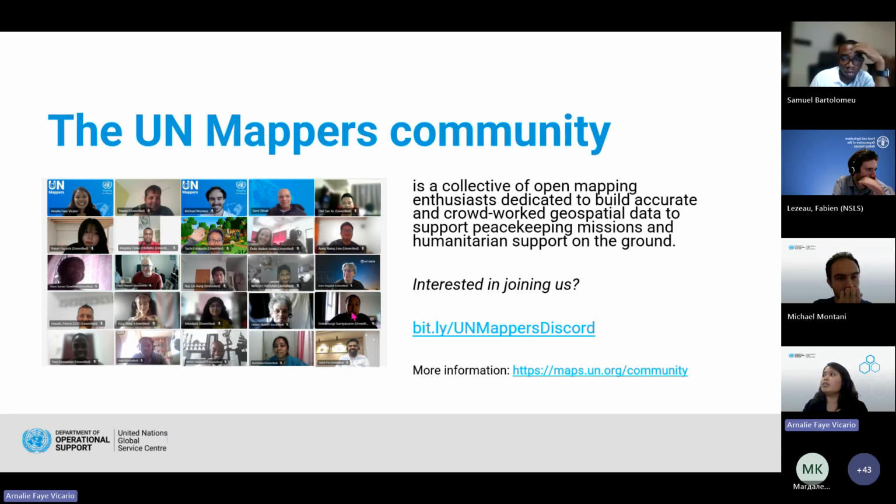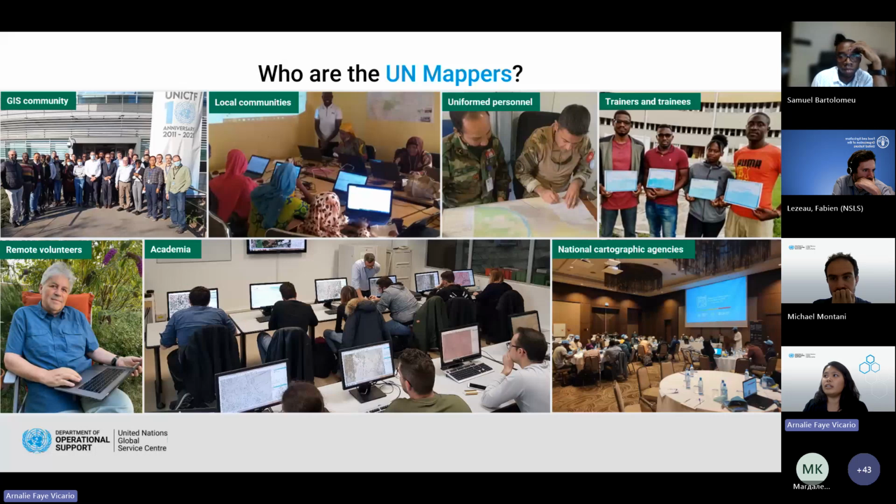Oh, sorry. So who are the UN Mappers? The UN Mappers is a very diverse community, from uniformed personnel. We also have people from academia, national cartographic agencies, as well as the GIS community, local volunteers and contributors, and remote volunteers.